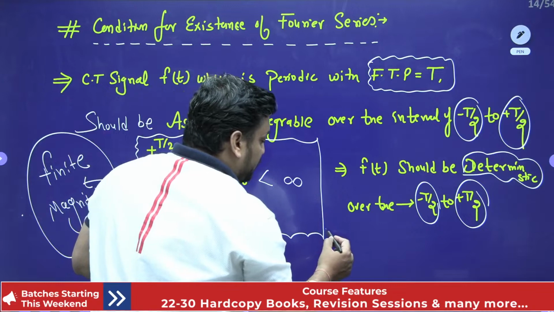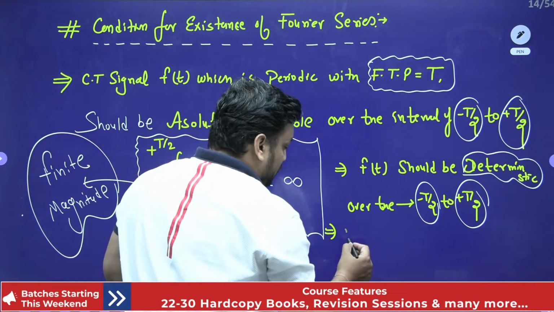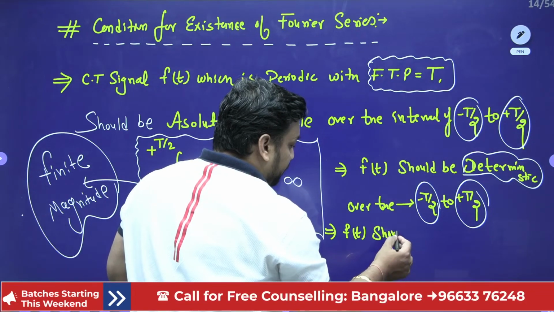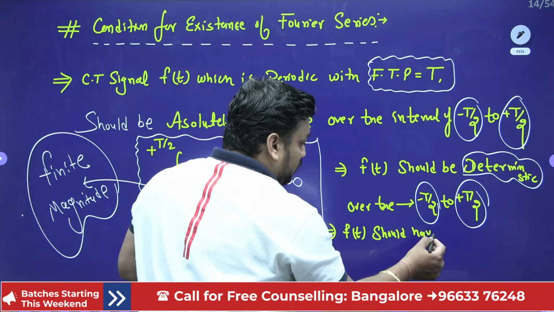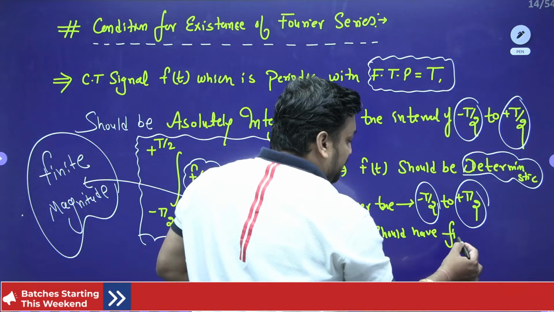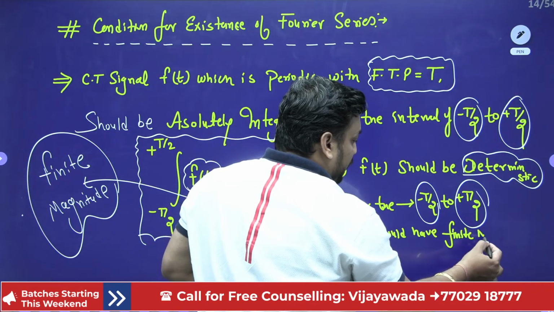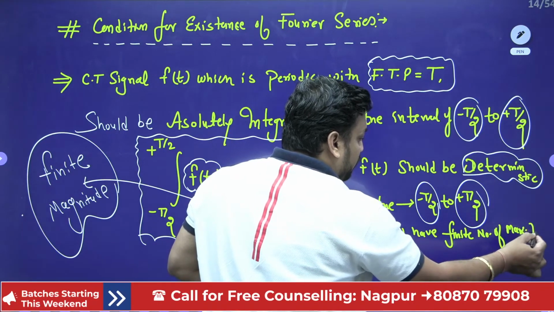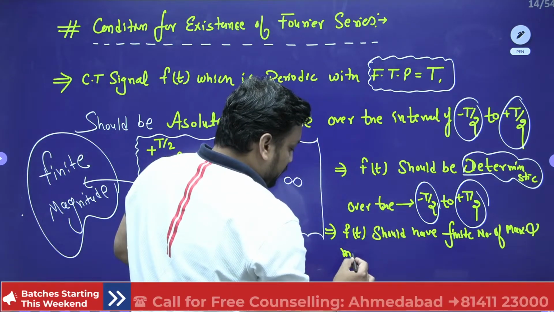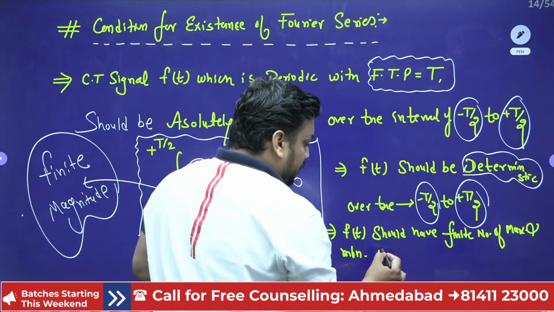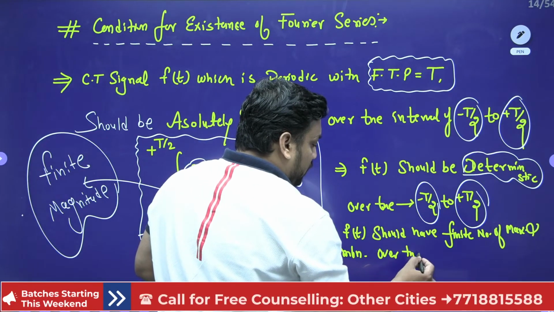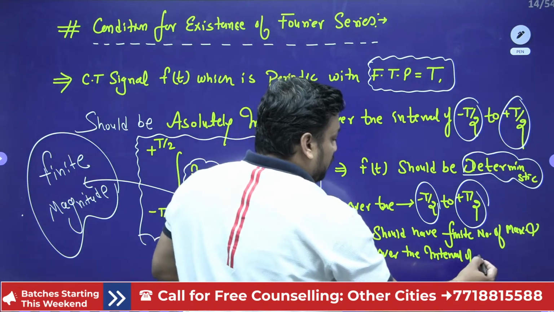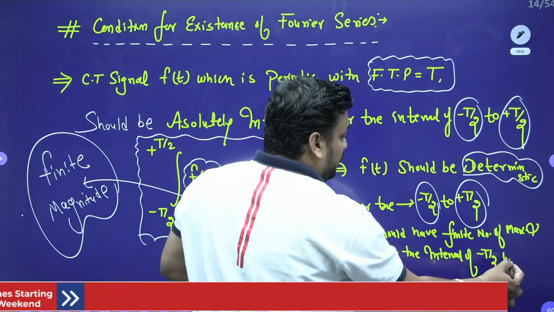Also one more condition: f(t) should have a finite number of maxima and minima over the interval of again minus T by 2 to plus T by 2.